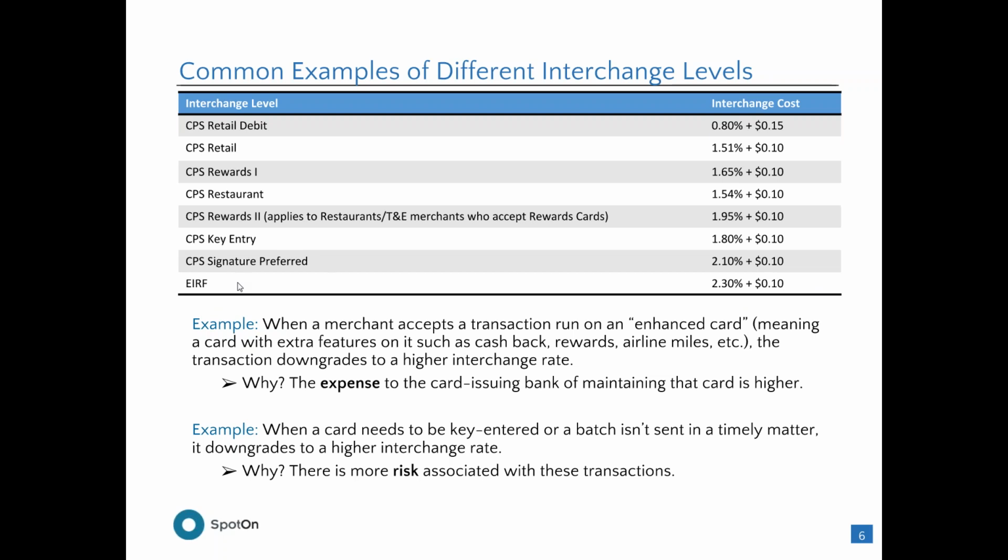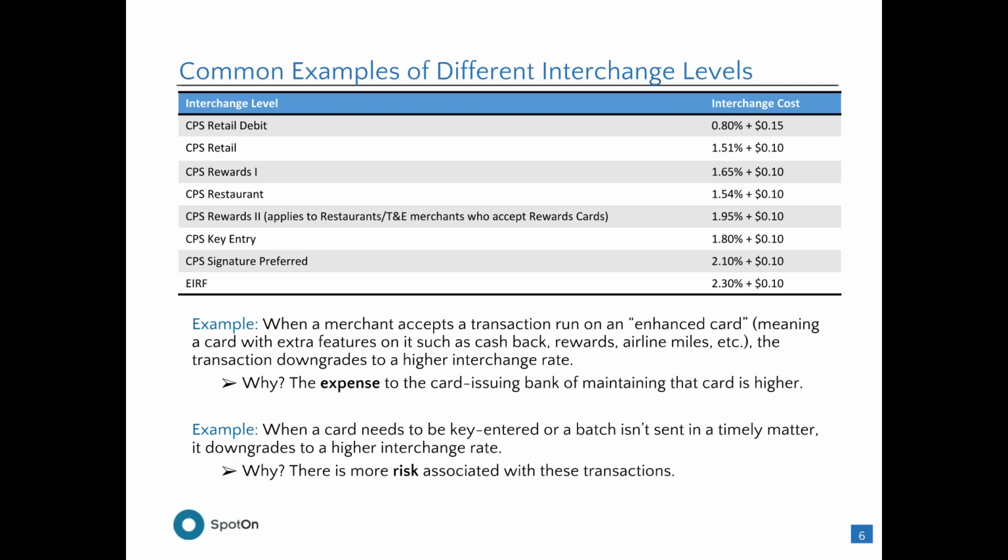I often get the question as to what causes EIRF transactions. Why would a business owner have these types of transactions on their statements? Usually the two reasons we see an EIRF transaction are, number one, the merchant hand-keyed a transaction in and didn't list the zip code, the AVS code. So many times business owners feel like, oh, it's going to hold up my line if I have to ask for a zip code.